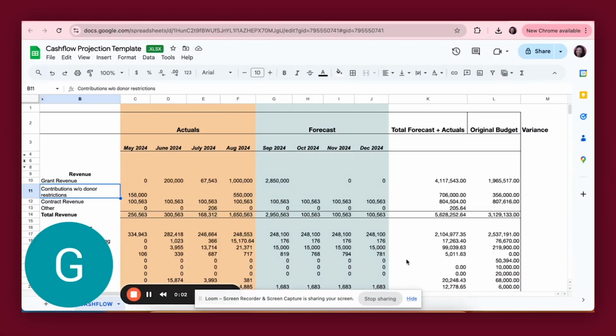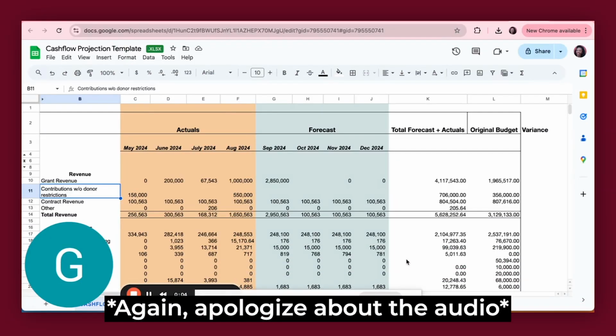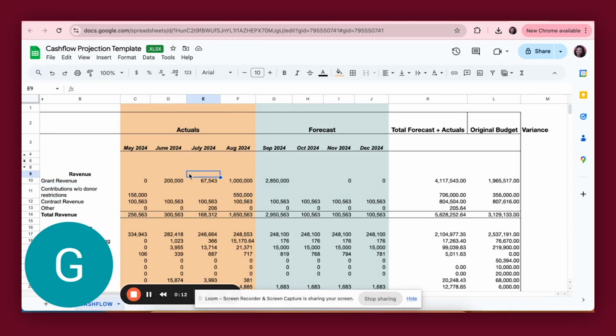And now for our last report, we are looking at the cash flow projections. This is a template that we've created internally, but it is pulled from the data from the budget and the actuals that are reported in QuickBooks. When we close the books, we make sure that the actuals, of course, come directly from there.